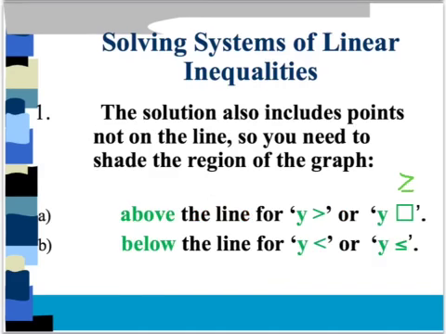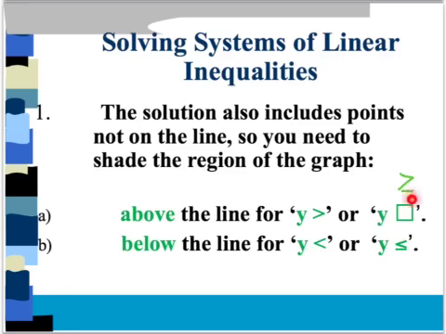So, for example, there's another set of details that we've got to know, and you saw all this back in chapter 2, section 8, I believe, when we graphed absolute value inequalities on our graph paper. Here you see when it's graphed above the line, you have greater than or greater than or equal to. So when you are shading, you're going to shade above the line when you have the y first and then your symbol.